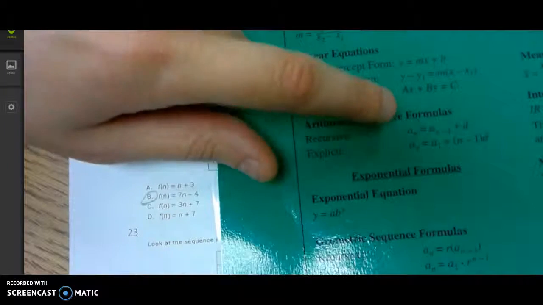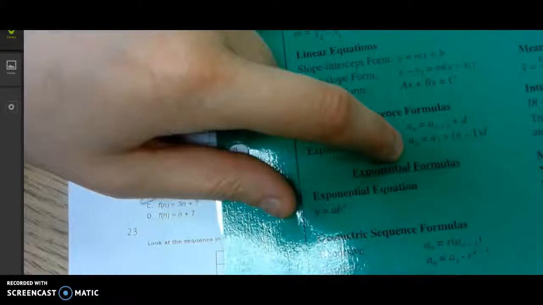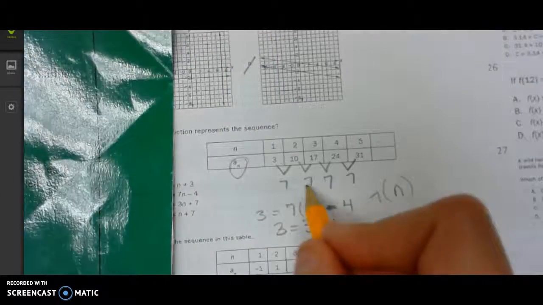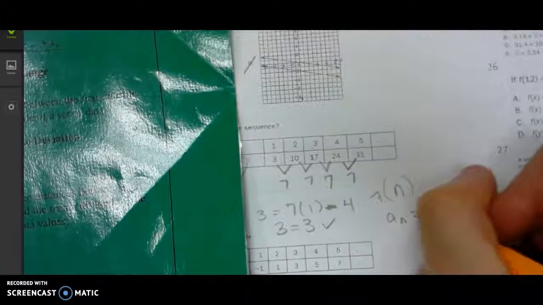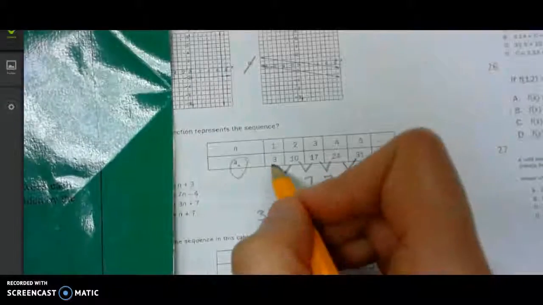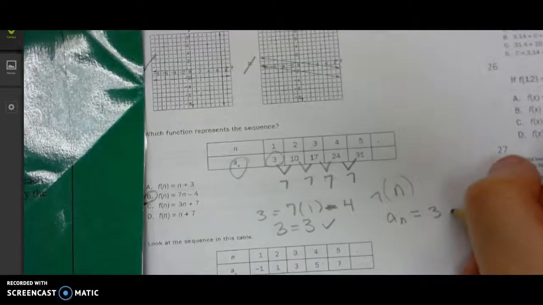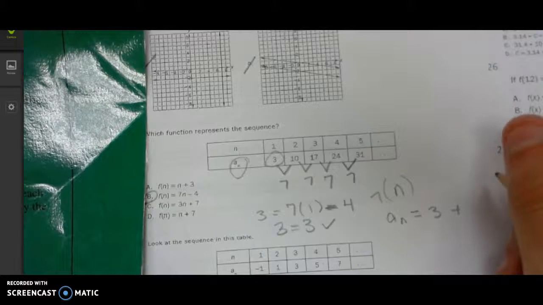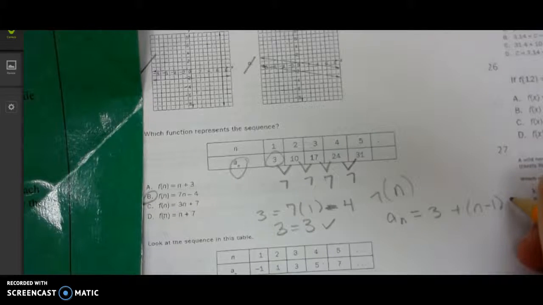If I want to use the recursive formula or the explicit formula for it, I'm just going to plug in. It says A1 plus N minus 1 times D. So D is the difference, the common difference, and the common difference was 7. It changes by 7 every time. So that was AN equals A1, so the first one is 3, plus N minus 1 times D. And the common difference was 7.